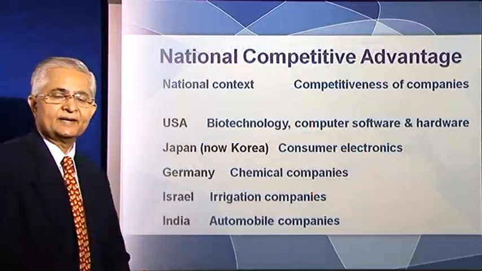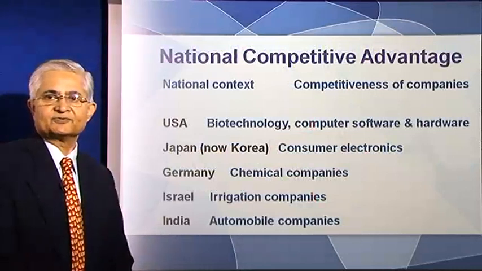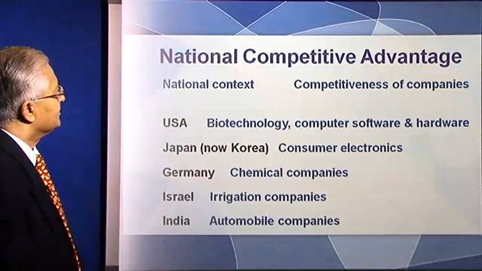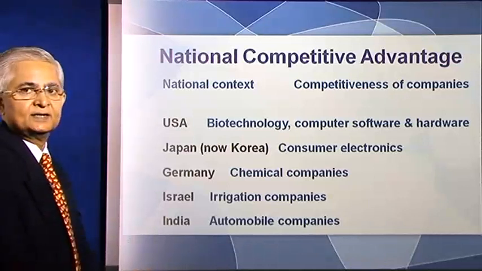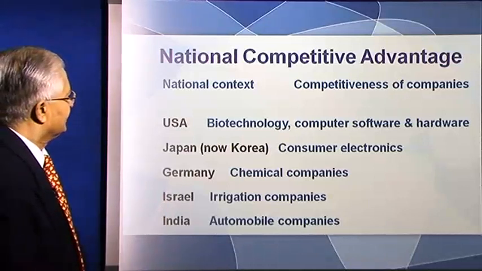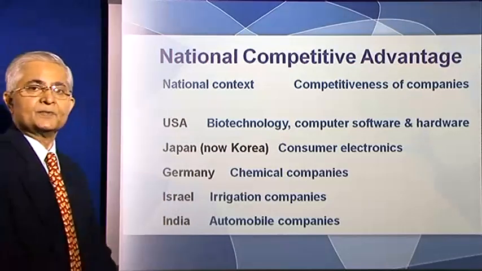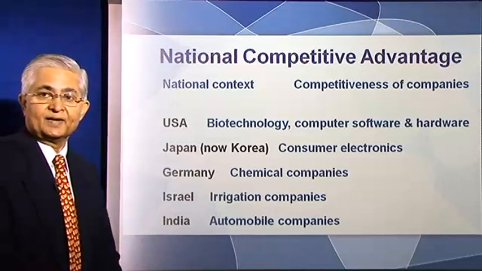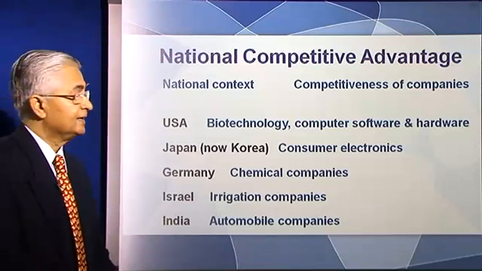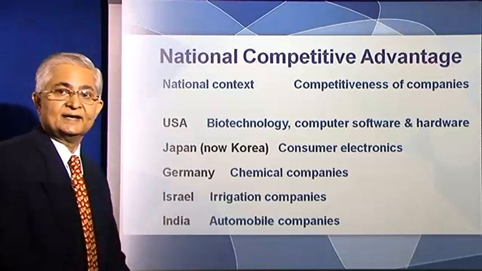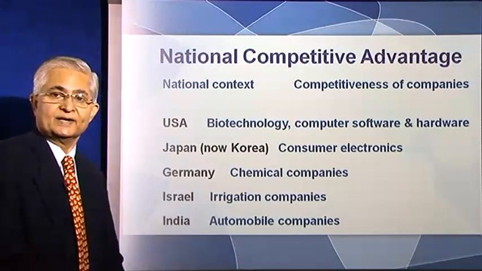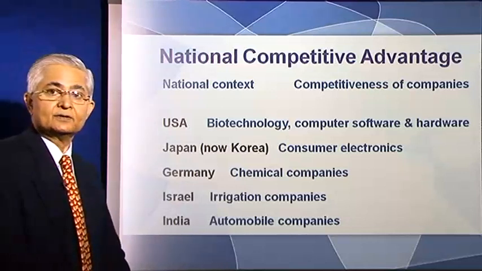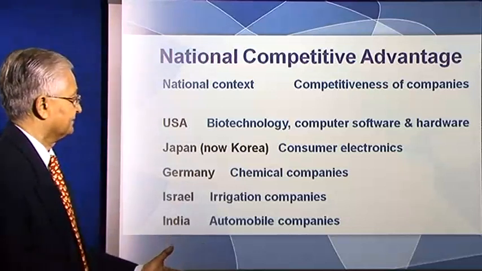Professor Porter's National Competitive Advantage model will really help us to answer questions like this. Why is it that the biotech, computer software, and computer hardware industries originated in the US and have largely grown in the US? Why is it that the consumer electronics industries grew very rapidly in Japan?